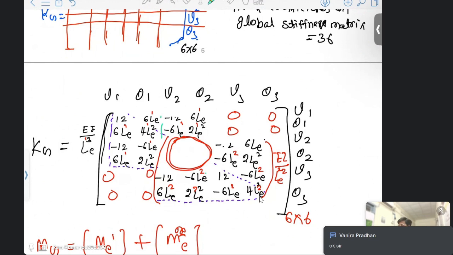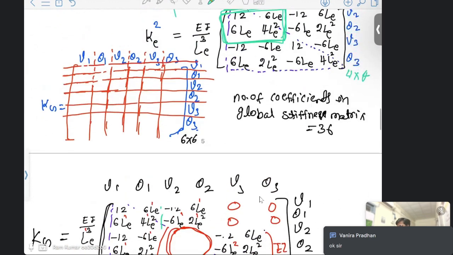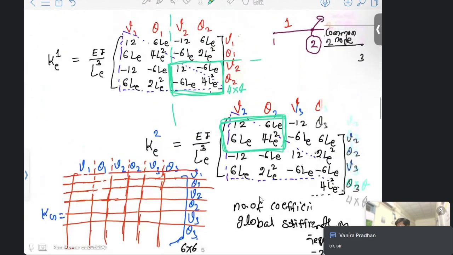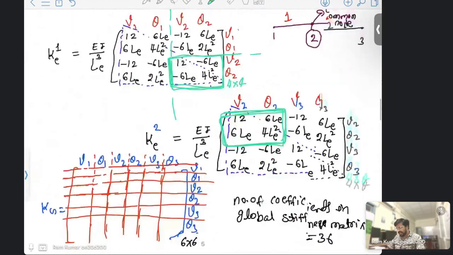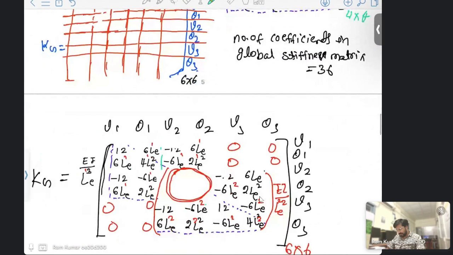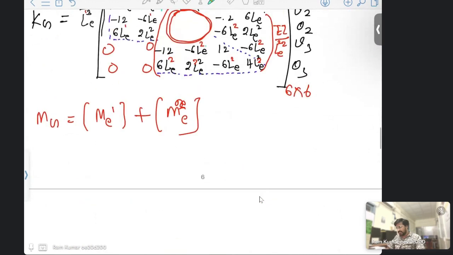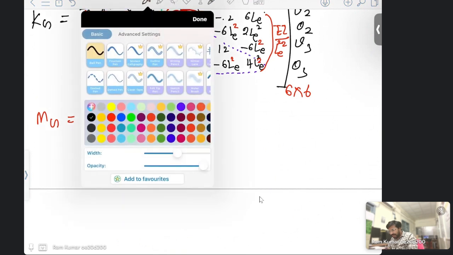Yeah, please try. And then I will confirm if it is wrong or right. So these are our elemental mass, elemental stiffness matrix. So please tell me what will be our final global matrix after putting the values.